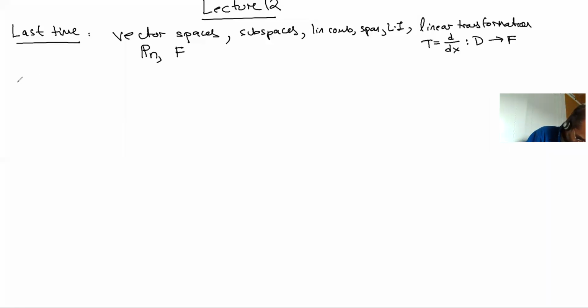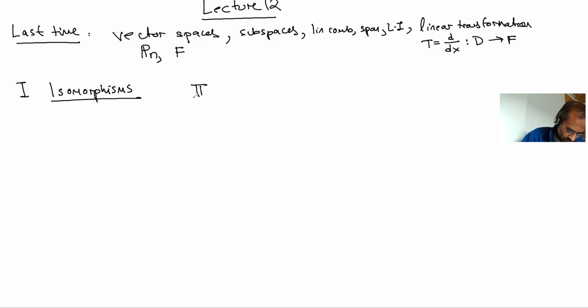So I want to show you three things. One is invertible linear transformations, which are very important in linear algebra and have a special name. They're called isomorphisms. So these are just invertible linear transformations.